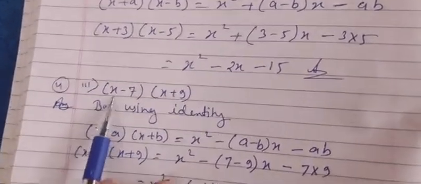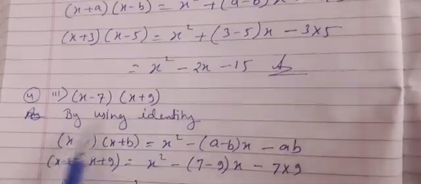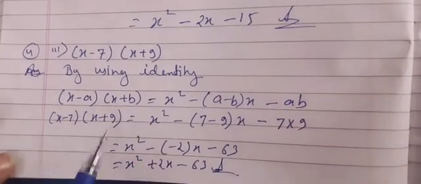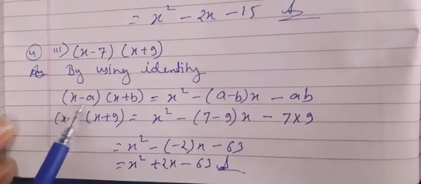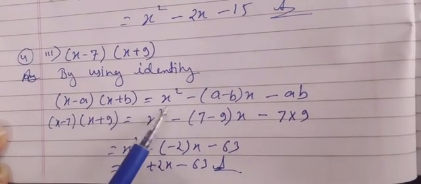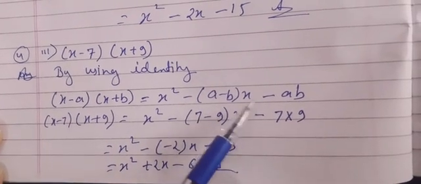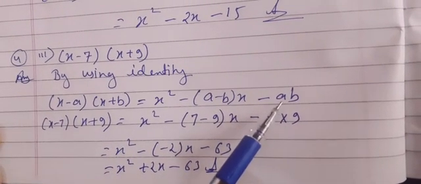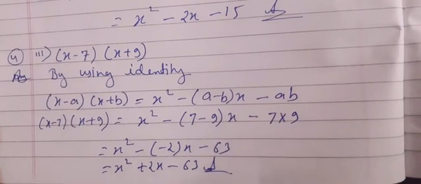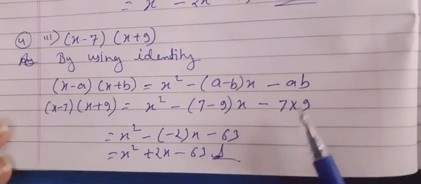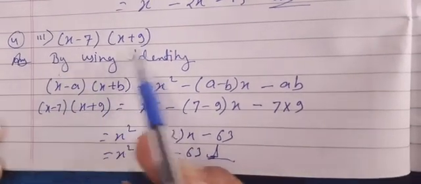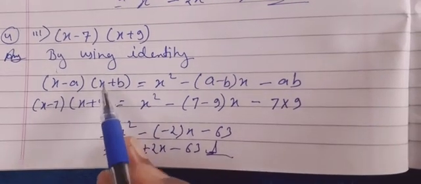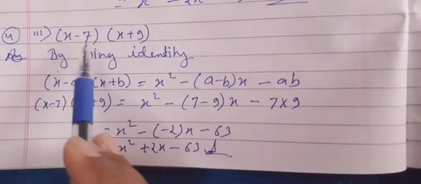Now (x minus 7) into (x plus 9), by using the identity, which formula will we use here? We'll use (x minus a) into (x plus b), and that was x square minus (a minus b) into x minus ab. Again I am telling you children, or whoever is watching this video, that first of all you decide which formula you have to utilize. Here the first terms are same and the second terms are different.